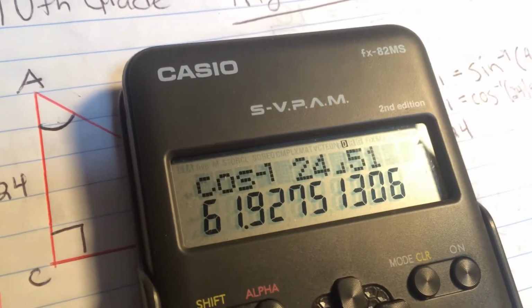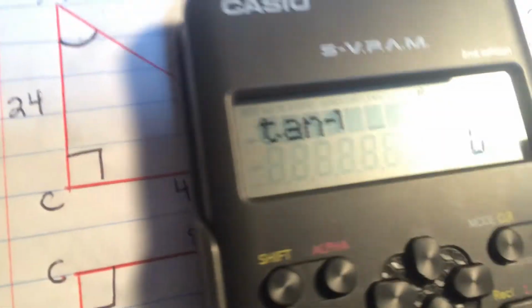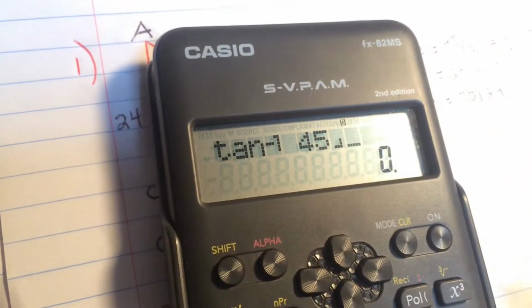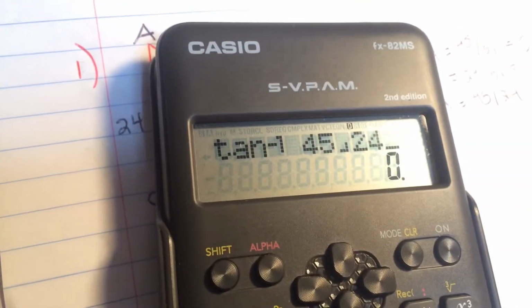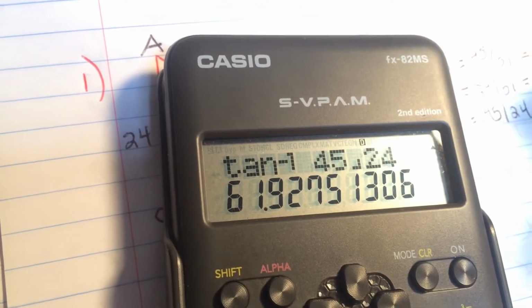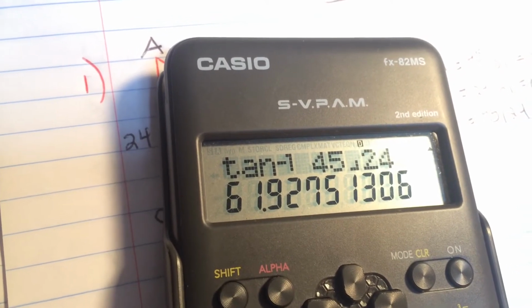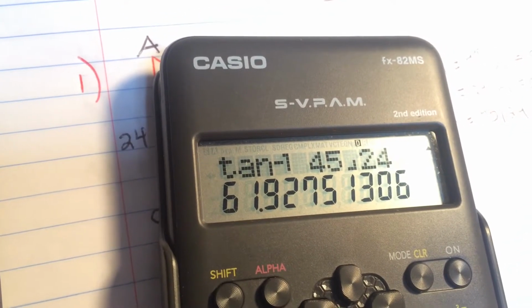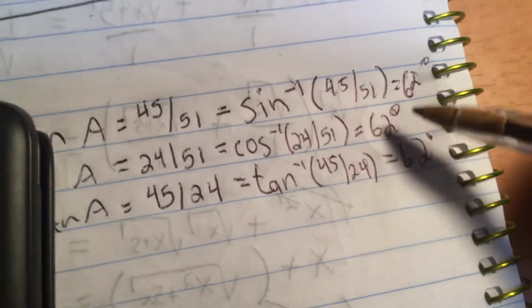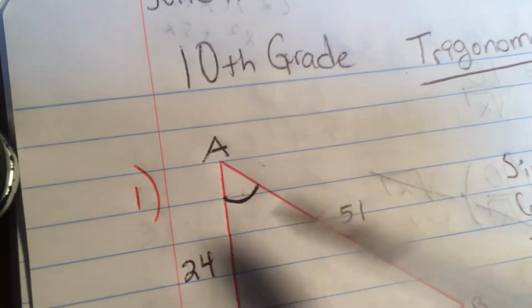And for tangent of 45 over 24, we know that it's inverse tangent of 45 over 24, 62. This is how we know that our answer is correct, because if you notice, all of them gave us the exact same angle. So what is the measurement of angle A? Here, 62.